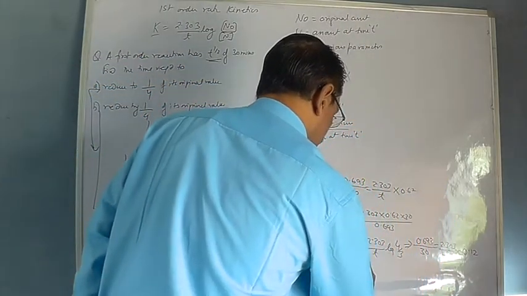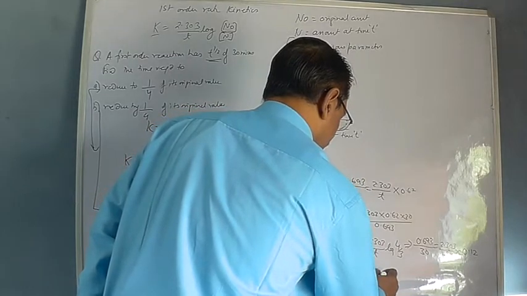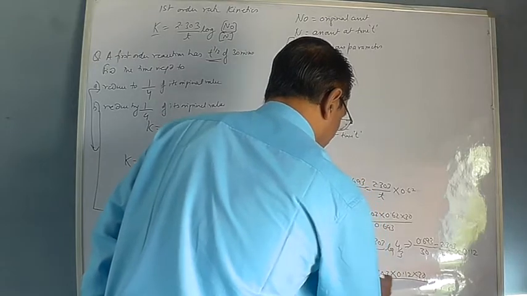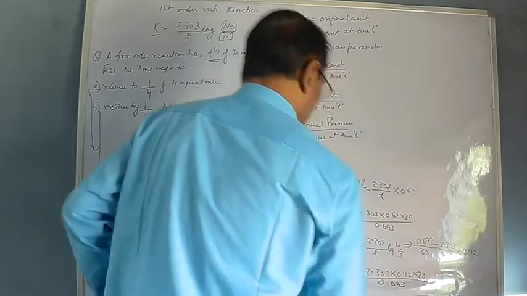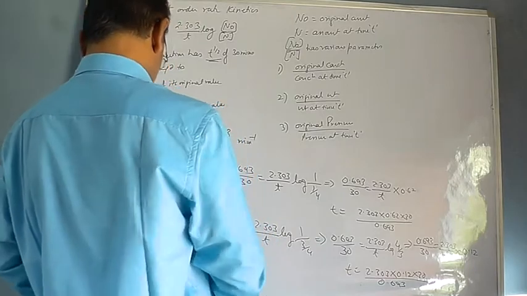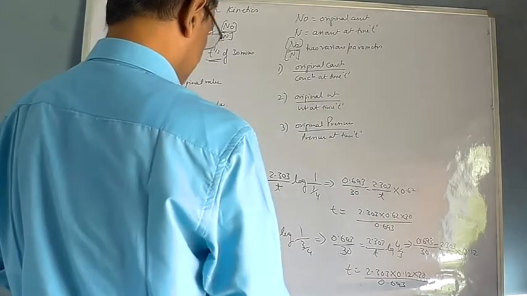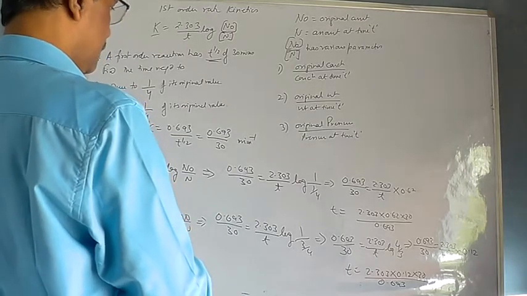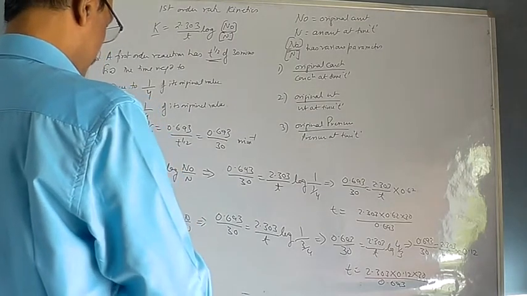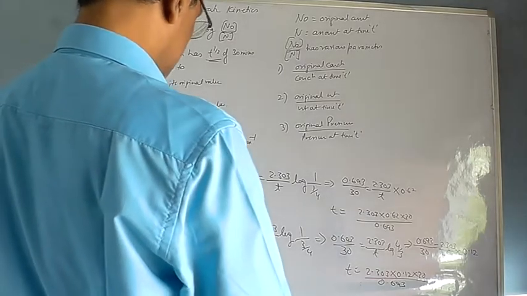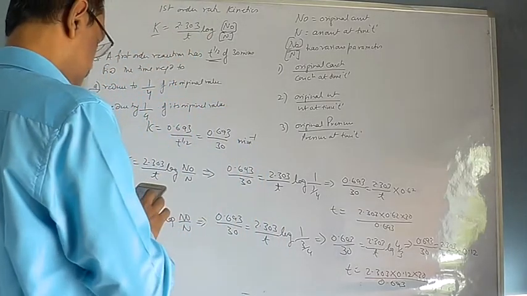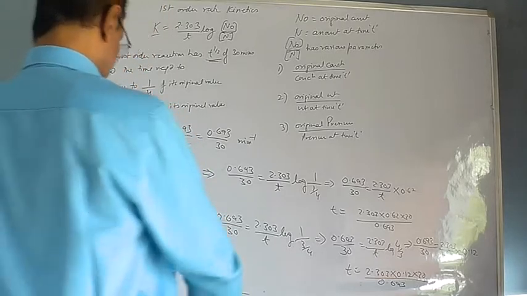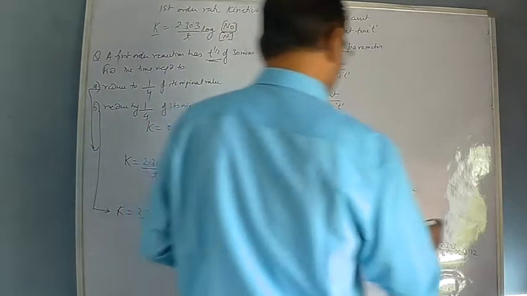Let us do 2.303 into 0.12 into 30 divided by 0.693. So the first one gives me 61.81 minutes.